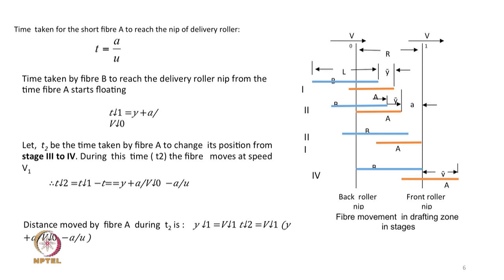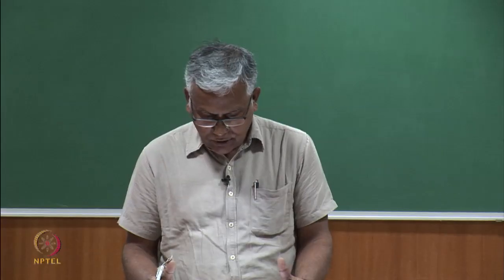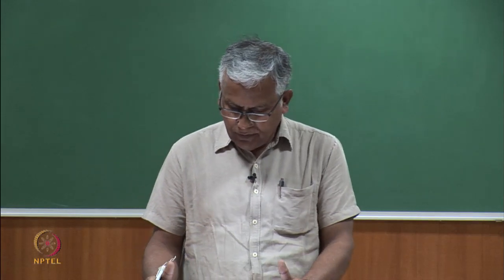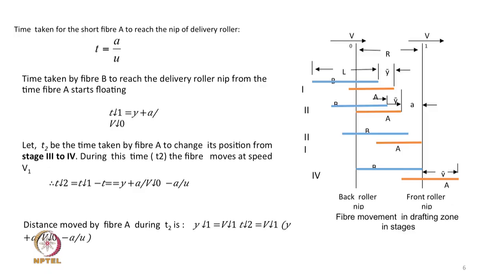Once fiber A leaves the back roller nip, it has to travel a distance a, and during this journey we are not very sure about its speed, so we assume that it runs at a speed of u. Therefore, the time it takes to reach the front roller nip, or the delivery roller nip, is a by u.